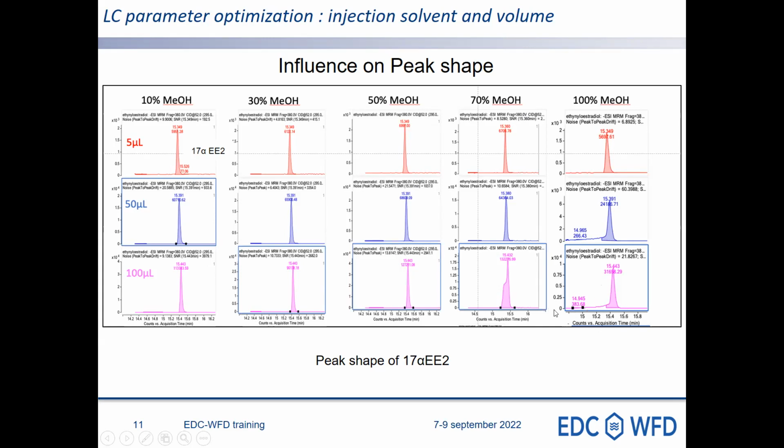So it is once again really important to have this compromise between the importance of having high ionization efficiency, so having a significant amount of methanol, but it's not because you inject a bigger volume that you will have the best sensitivity. So it is really important to focus on this optimization that could make the difference at this LOD level and the level we need to target.